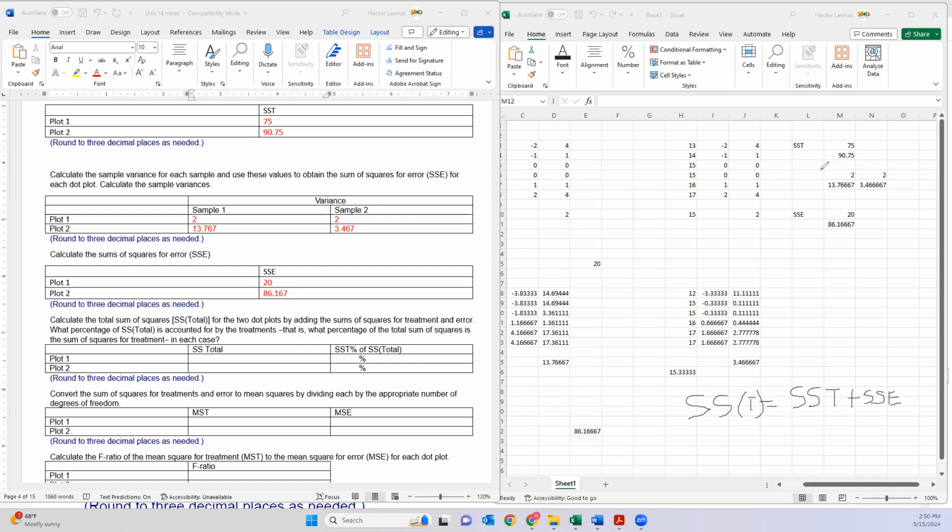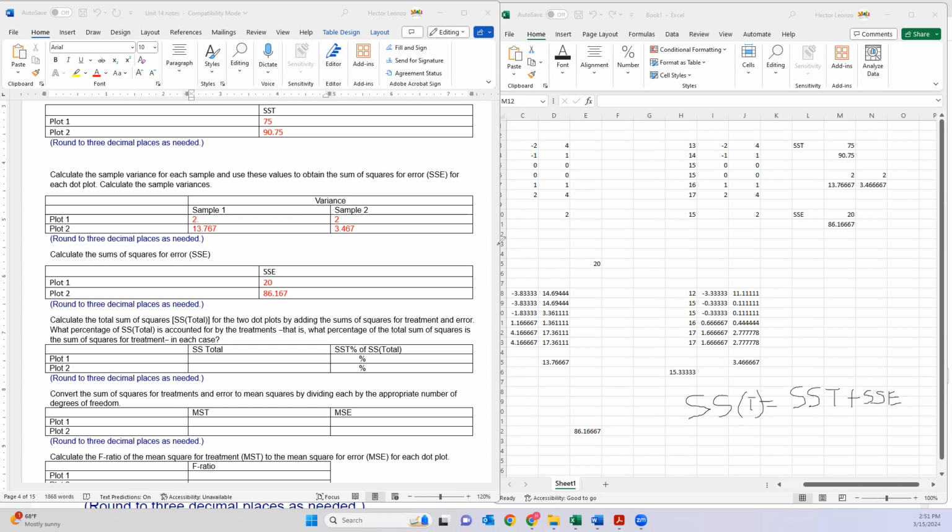Now you guys see why I was labeling my numbers earlier. My total sum of the squares is going to be equal to my sum of squares for error plus my sum of squares for treatments.